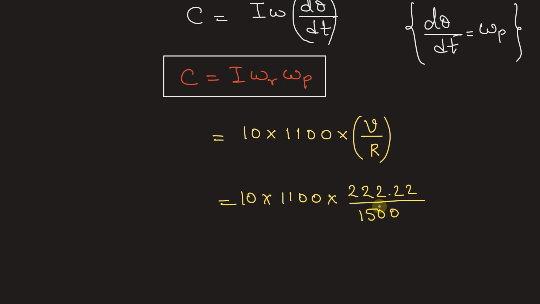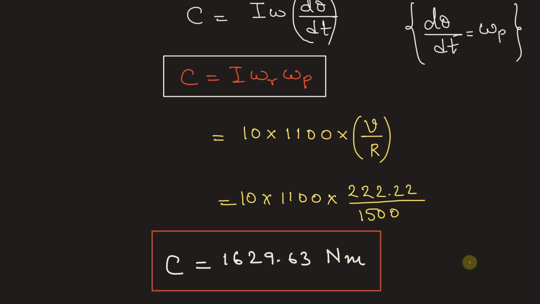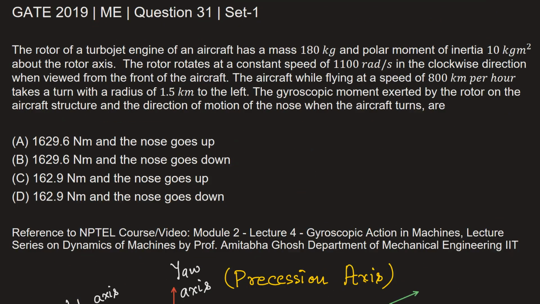You can perform this calculation in the calculator, and the gyroscopic couple will come out to be 1629.63 Newton meter. Now let's go back to our problem and check with the options. Because the aircraft nose is going down, option A and option C are incorrect. Now the value comes out to be 1629.6 Newton meter, so option B is the correct choice here.